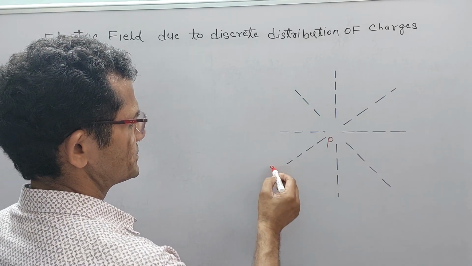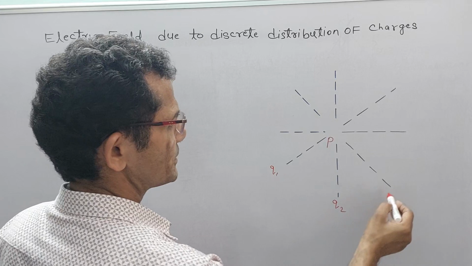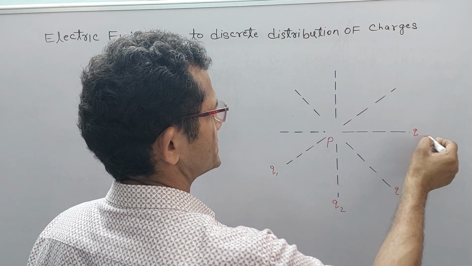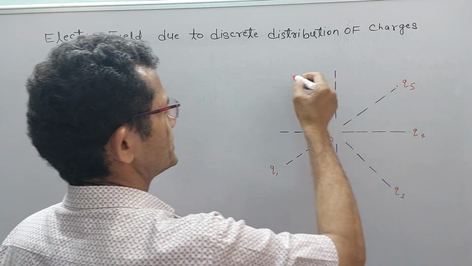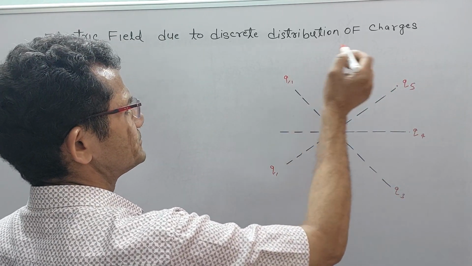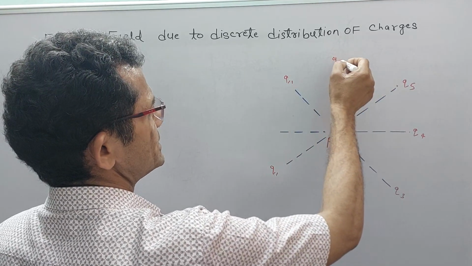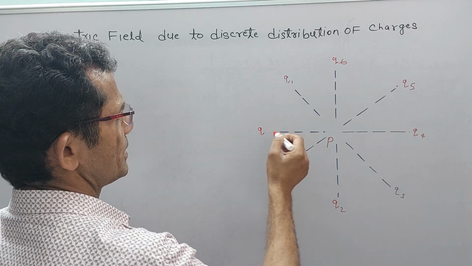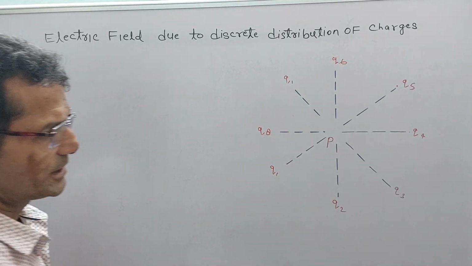Here suppose this is Q1, Q2 charges here, Q3 charge here, and this is the Q4 charge, Q5 and so on, this is the Qi-th charge. So these are the charge distributions, which are placed at some distance from the point.